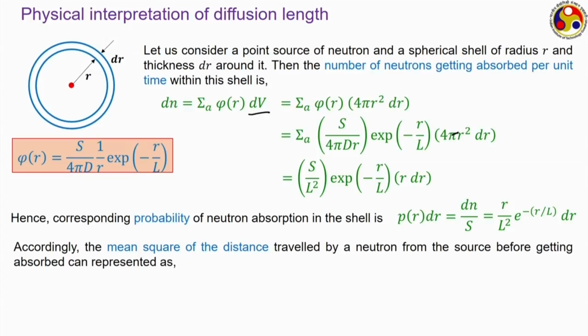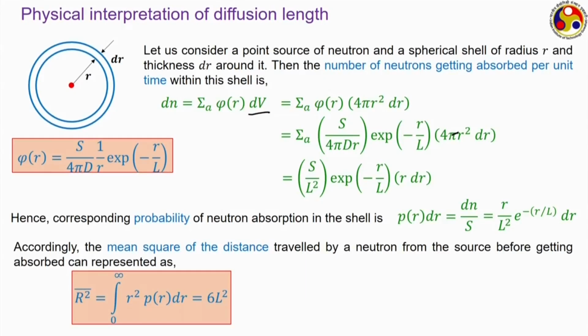But I do not know why, in fact, I have not found a proper explanation in the books also. Common neutron science does not use the distance, rather they use the square of this distance, or I should say the mean square of the distance travelled by the neutron from its birthplace to the place of absorption, and that capital R refers to this straight line distance, and R square is the square of that.